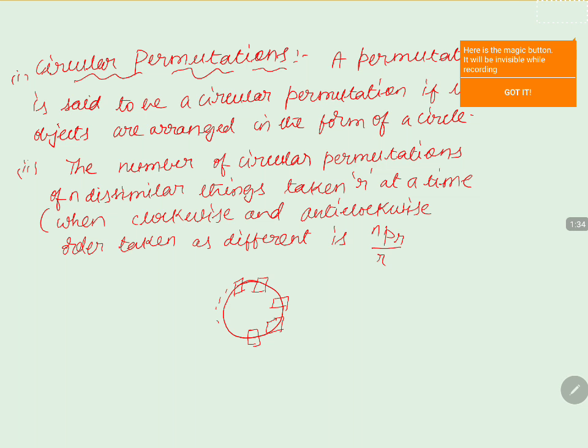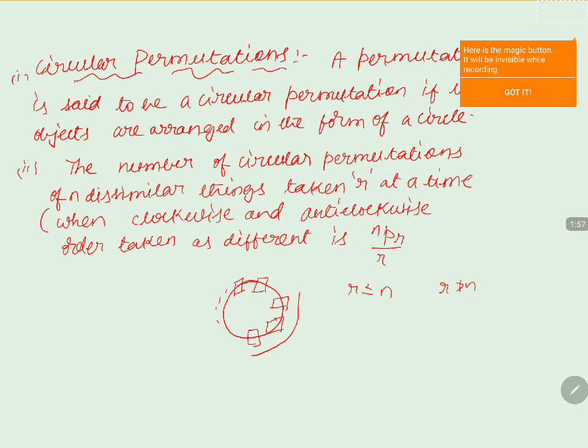In n, we are going to take only r such that r is less than or equal to n, because r is taken from the number n and we are not taking r greater than n. When r is less than or equal to n, that is n dissimilar things, we take both clockwise and anti-clockwise directions as different.